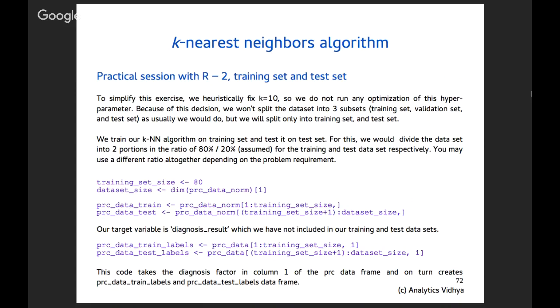The labels are the target features, B or M. So there are two separate commands. One splits the data set into training set and test set for the data, and one is for the labels, so B and M. So this is the first column. You can see one.